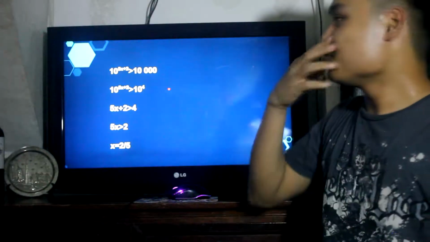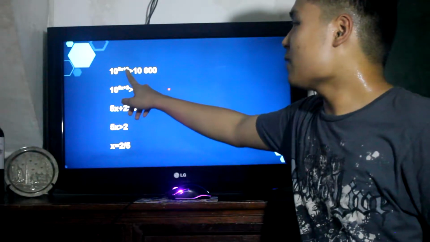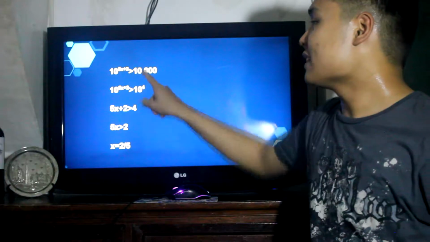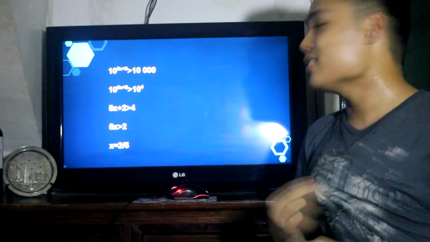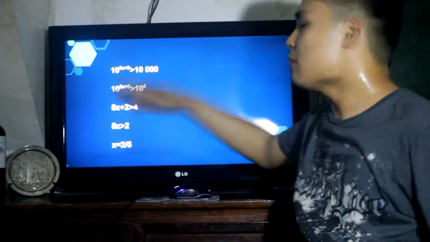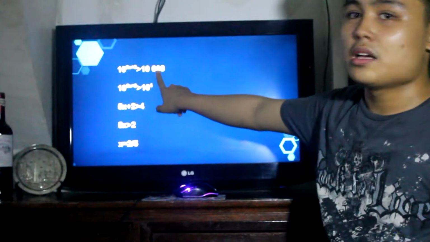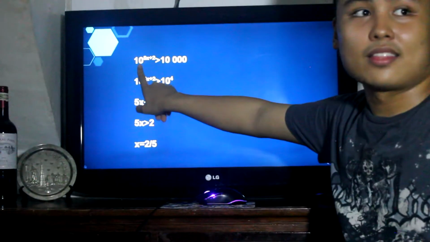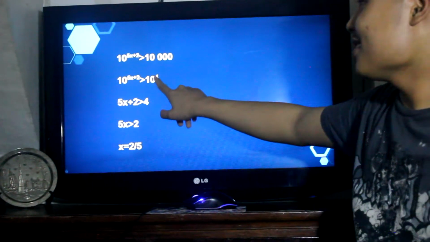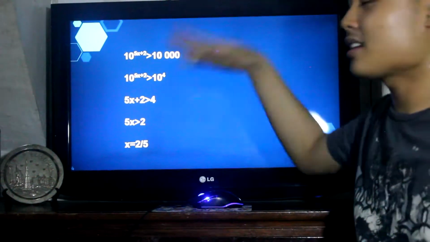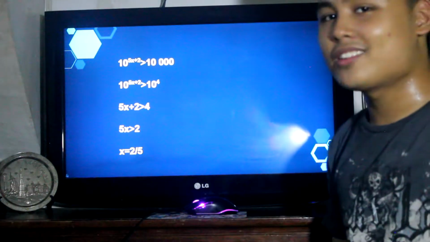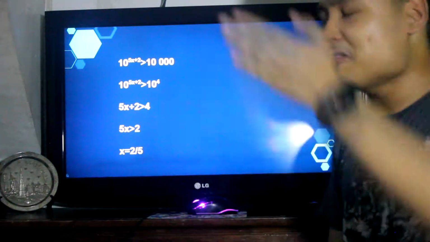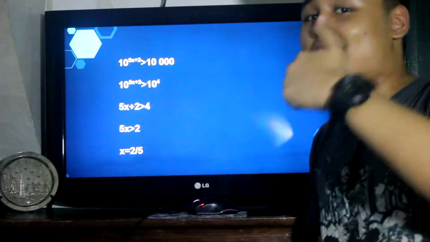Another example. 10 raised to 5x plus 2 is greater than 10,000. Para makahanap natin yung value ng x, kailangan muna natin yung 10,000 maging same base with 10. So, 10 raised to 4, kasi 10 times 10 is 100, times 10 is 1,000, and times 10 is 10,000.